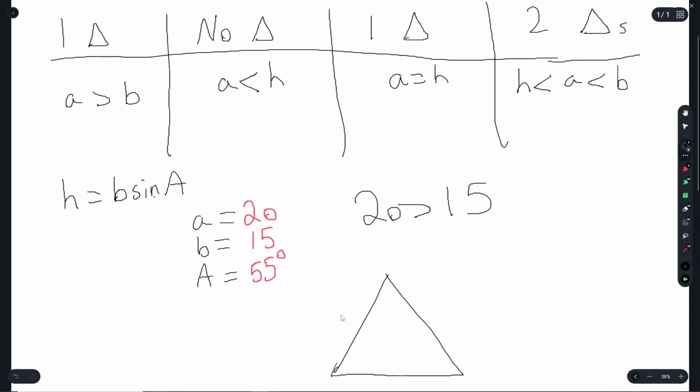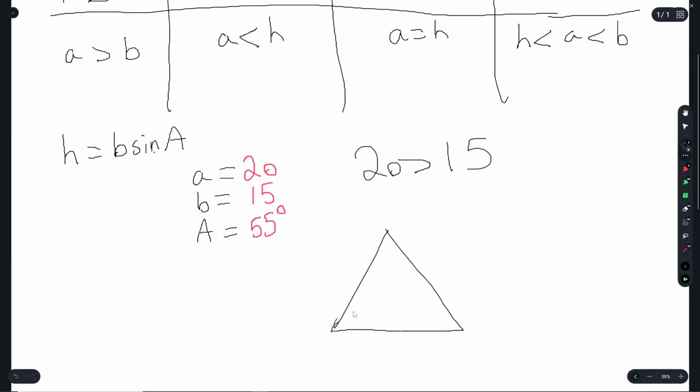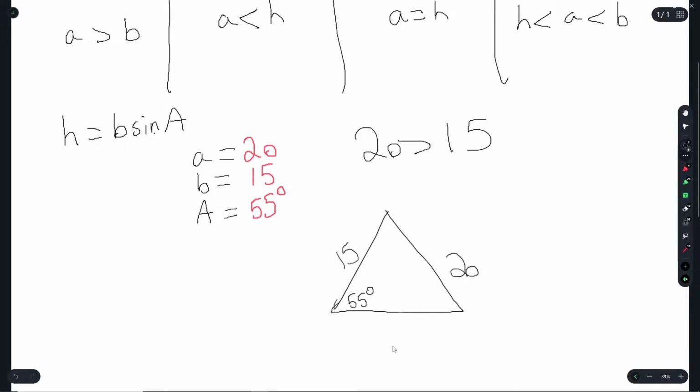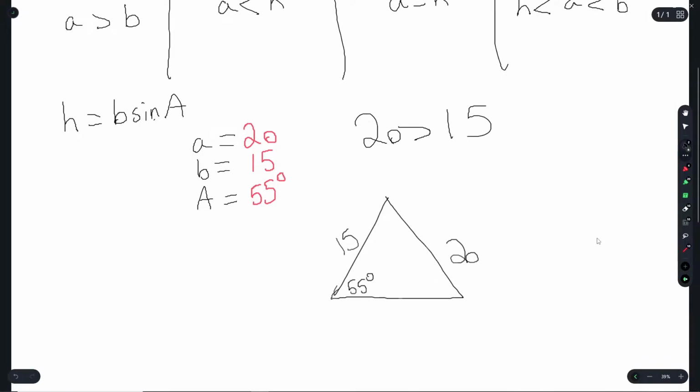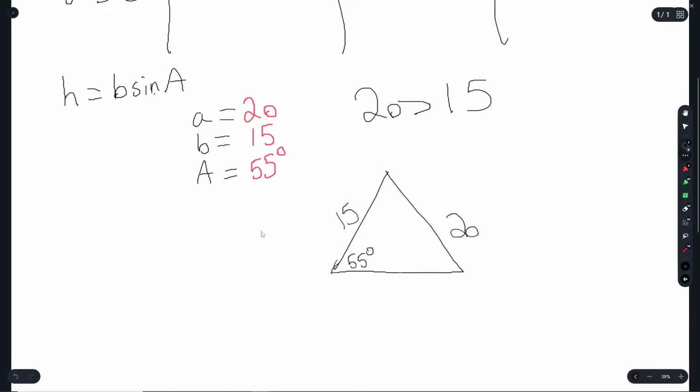So this is our triangle. Then we have angle 55 and the opposite of it, which is 20. And then let's take b here. B can be either here or at the bottom, it doesn't really matter. So let's find the angles. I'll label them first.